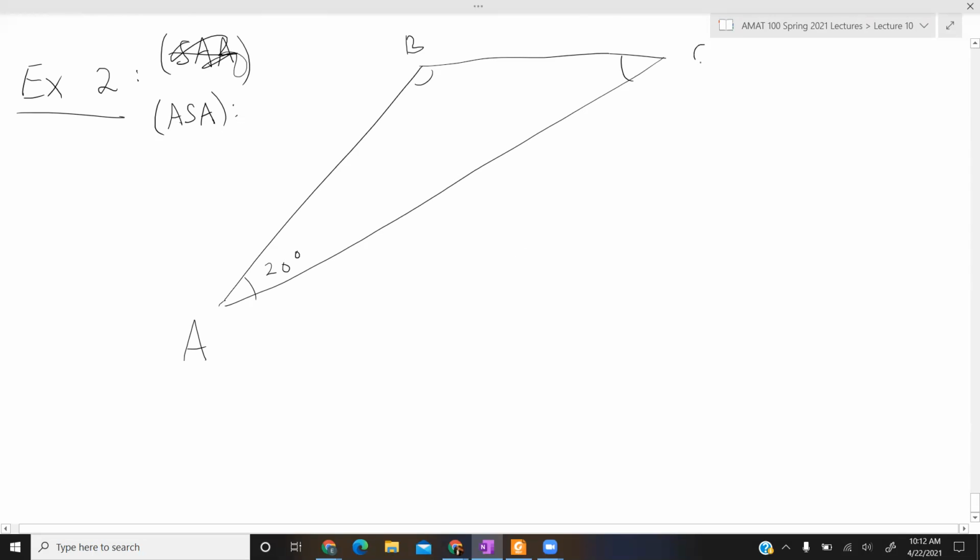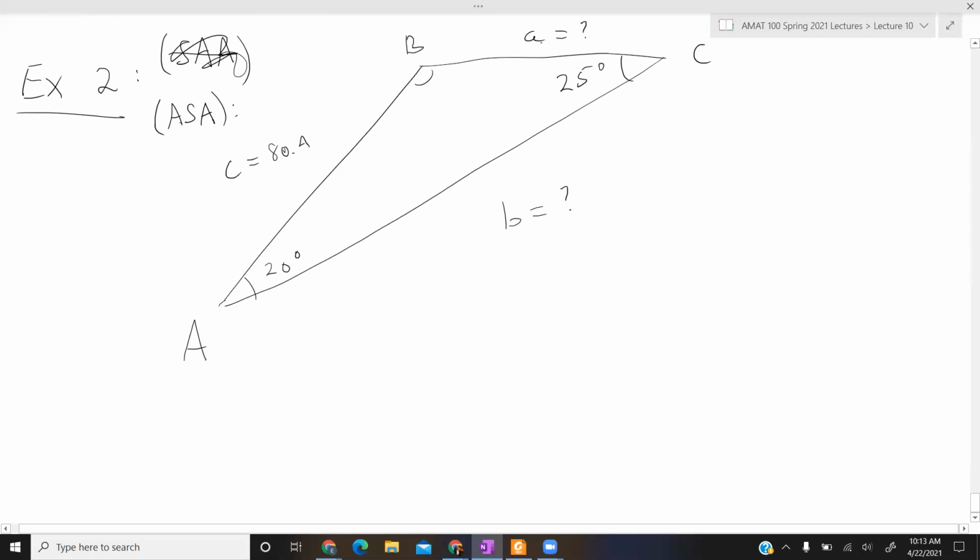So what we're given is angle A, angle C, and angle C is 25 degrees. And then we're given the length of the side opposite to C, which is 80.4. So this is A, we don't know what that is, and this is B, and we don't know what that is either.